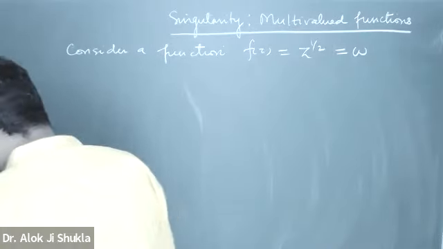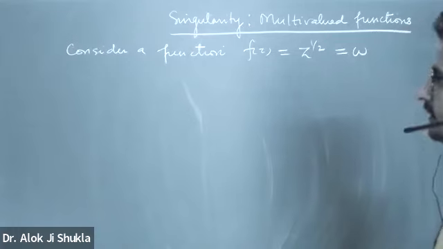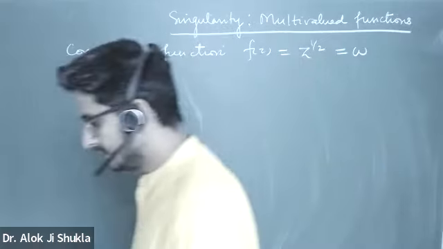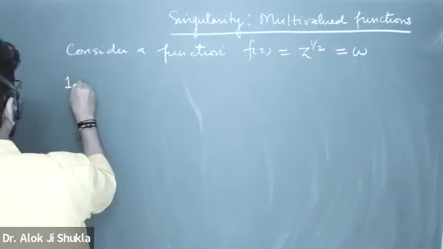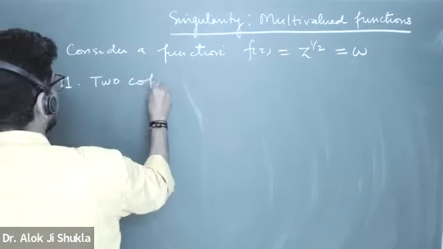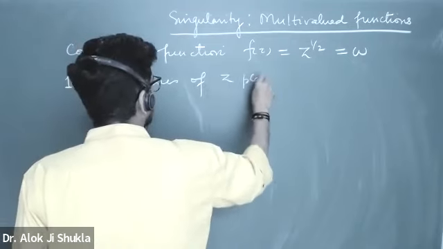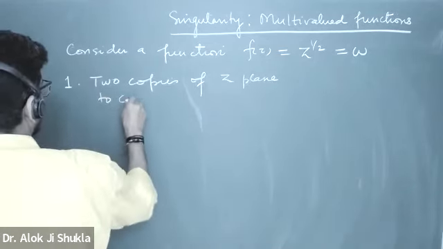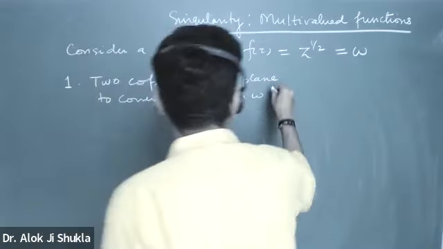So in omega space we get two copies of the z plane to cover 0 to 2 pi in the omega plane.